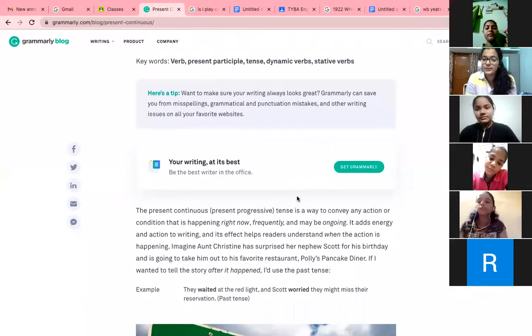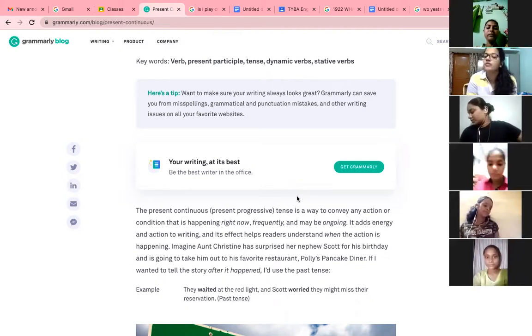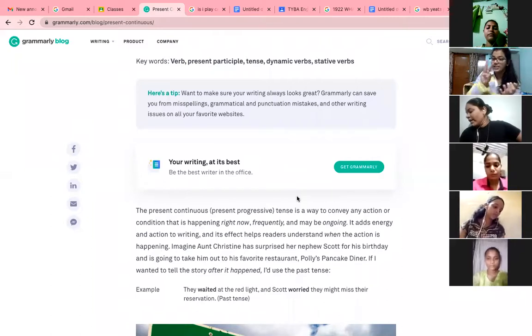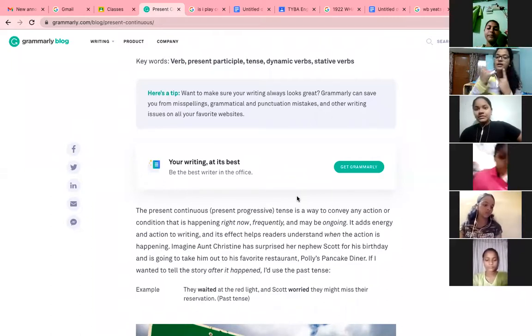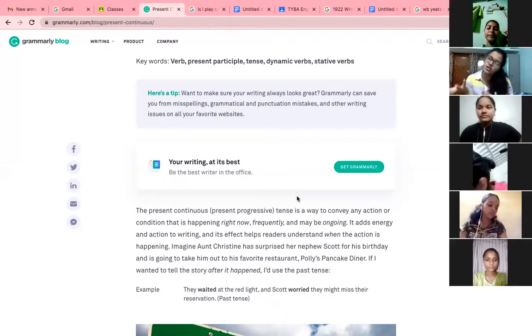The present continuous, isko present progressive bhi kehte hain kyunki progress ho rahi hai. Okay, because the progress is still happening, it's also called present progressive. Okay, tense is a way to convey any action or condition that is happening right now, frequently or maybe ongoing. Three conditions yaad rakhni hain. It's happening right now or frequently and maybe ongoing. Abhi chal raha hai aur shayad chalta bhi rahe.